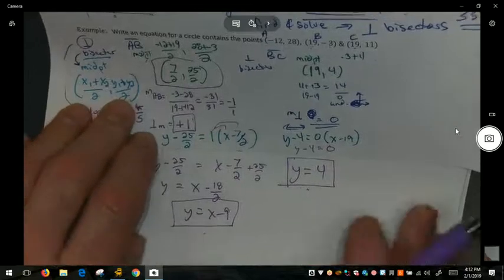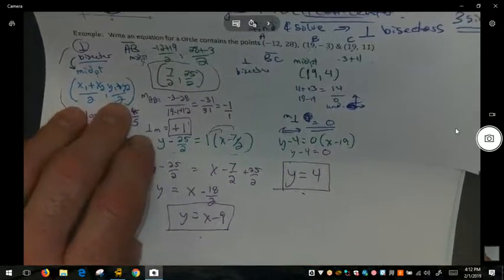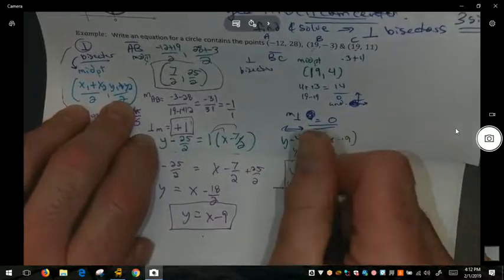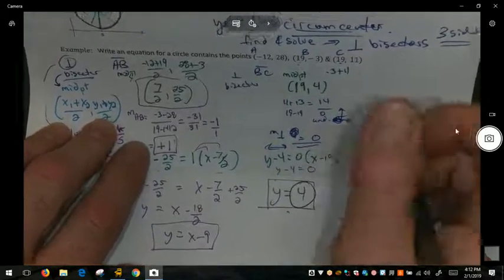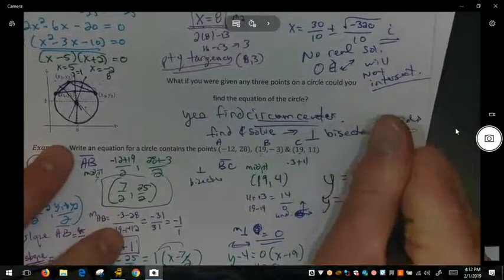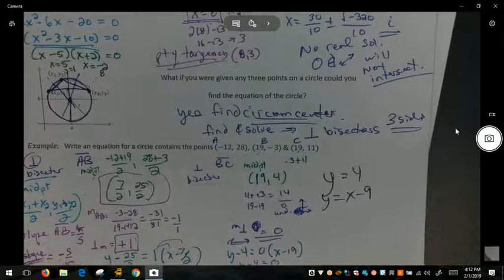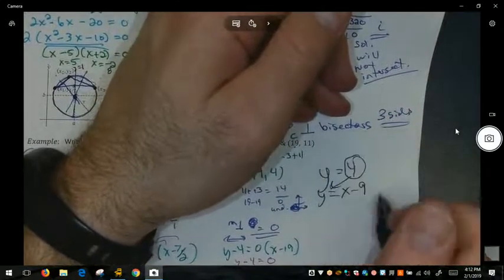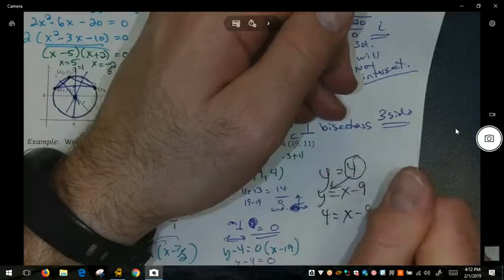Normally I would do elimination or substitution. This one, though, because the x disappeared with the slope of 0, becomes extremely easy, because here I have my equations, y equals 4 and y equals x minus 9, set up perfectly for substitution. I'm just going to take this 4 and plug it in where I see y.